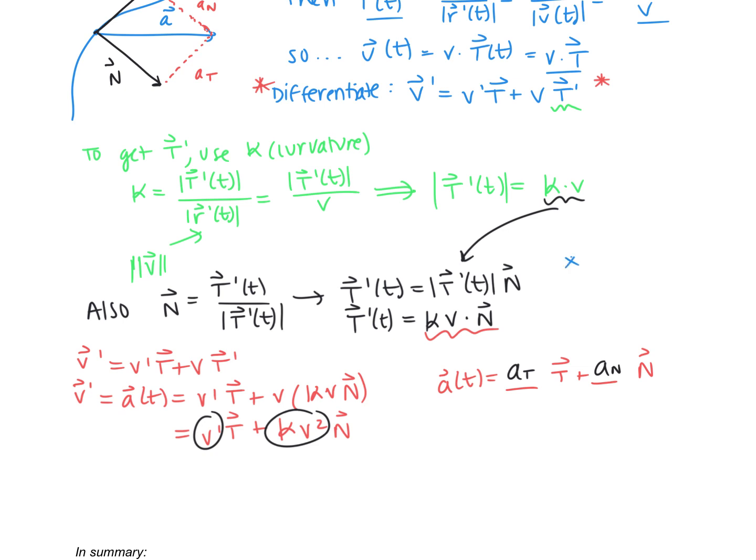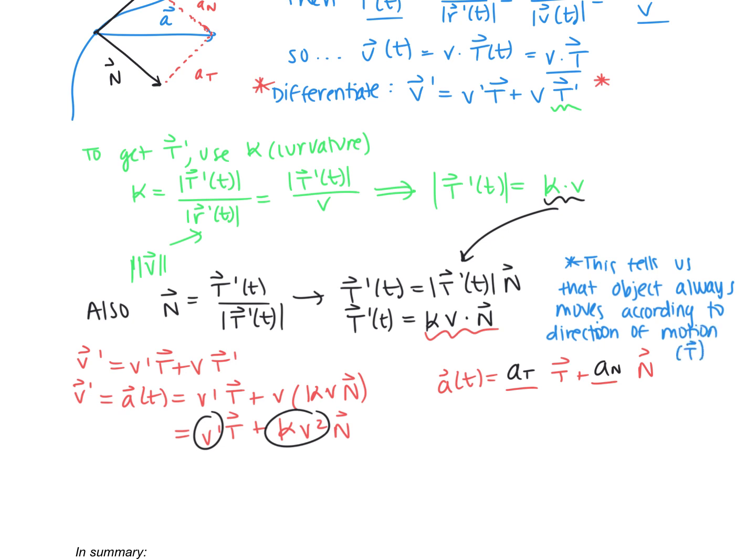This tells us that the object always moves according to the direction of motion, which is our unit tangent vector, and the direction the curve is turning, which is our unit normal vector.